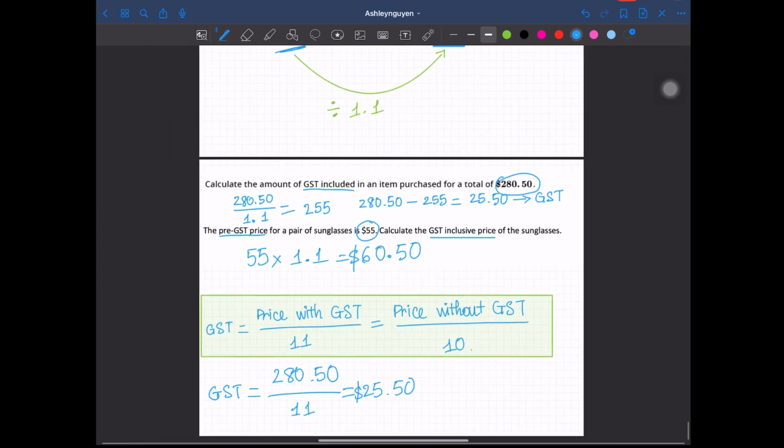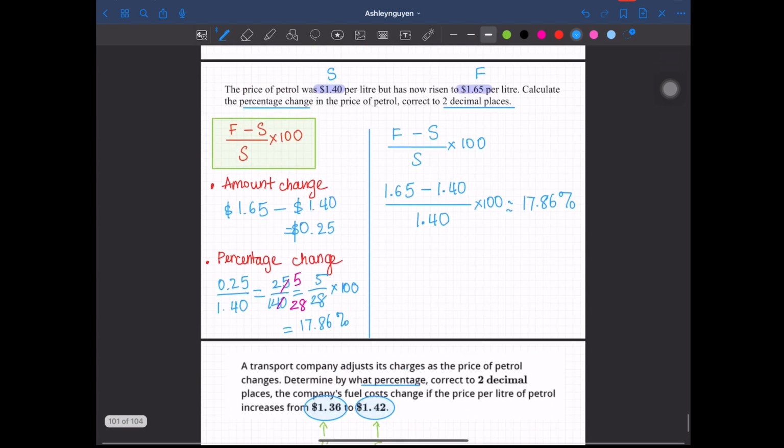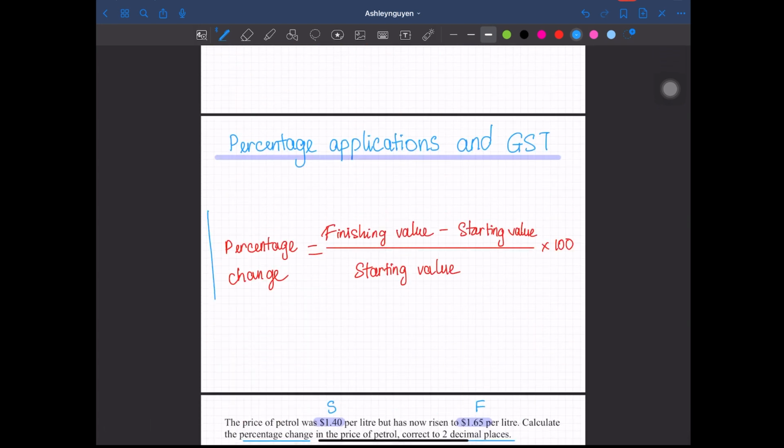So in today's video, we have learned about percentage change. A very short formula here that we can apply for all questions. Whenever you take finishing value, take away starting value, divide by starting value, times by 100, and you follow the formula and get a negative number, just assume that the negative means the price has decreased.